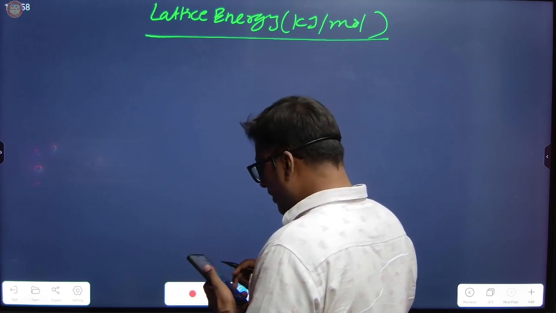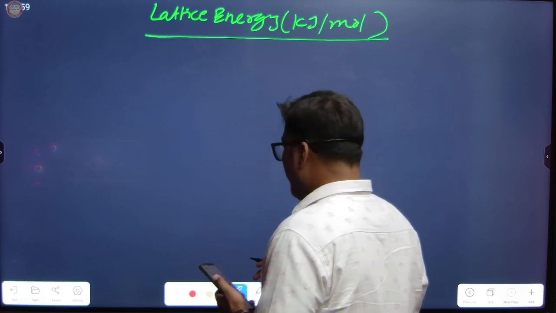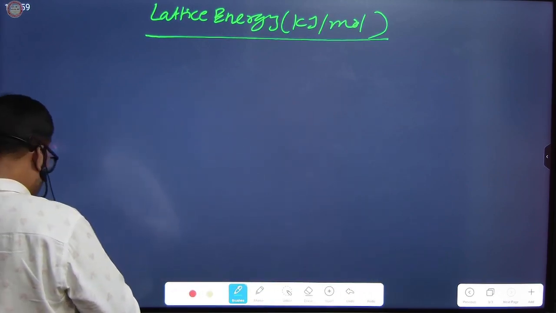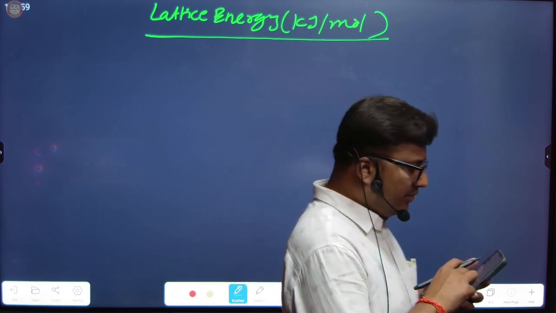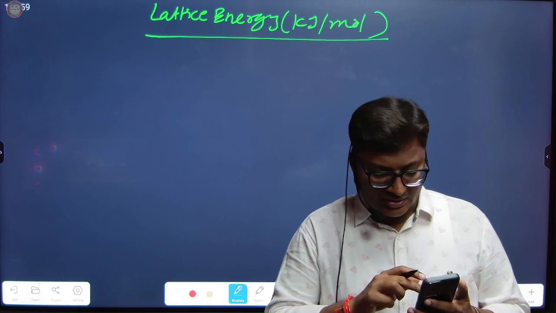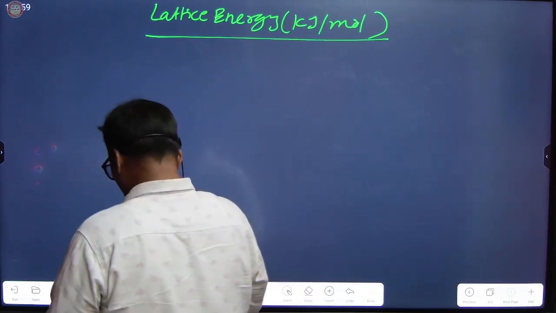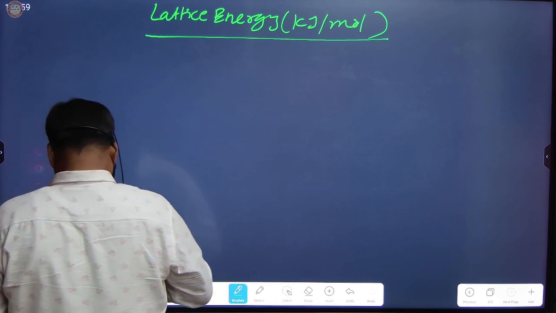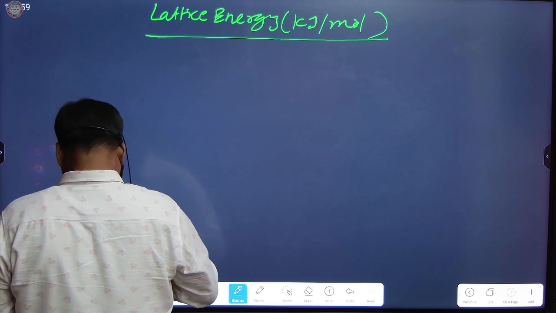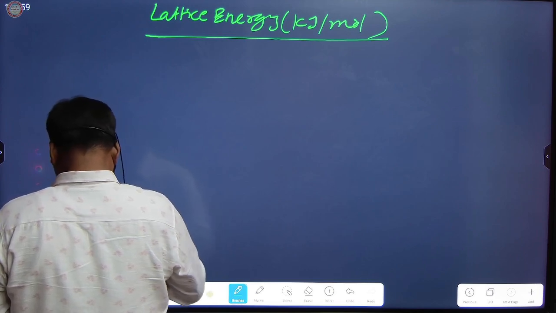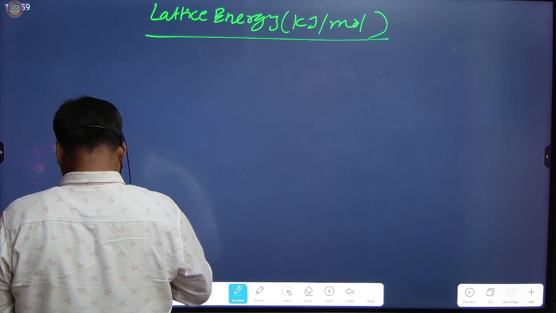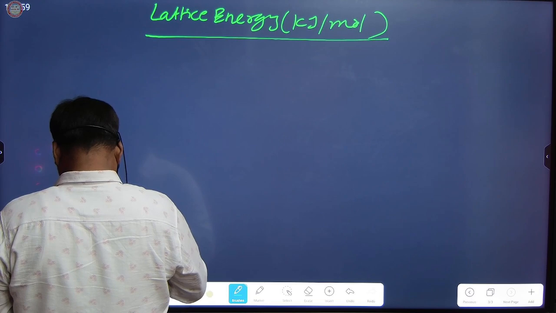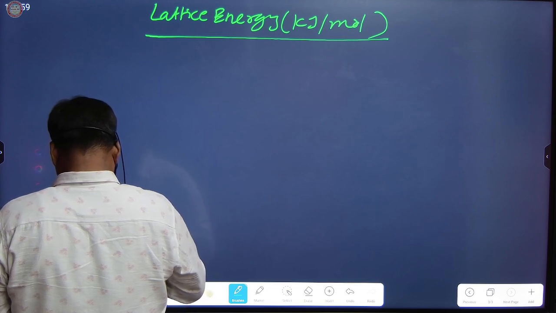So in case of metal cryptates, what is the lattice energy and what sorts of information can we get? Lattice energy of cryptates.